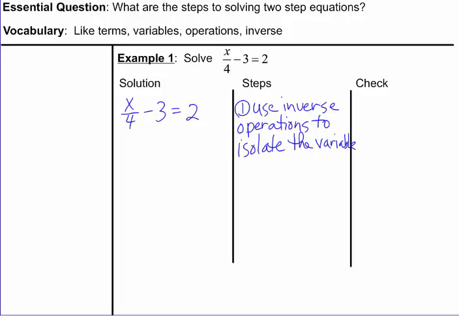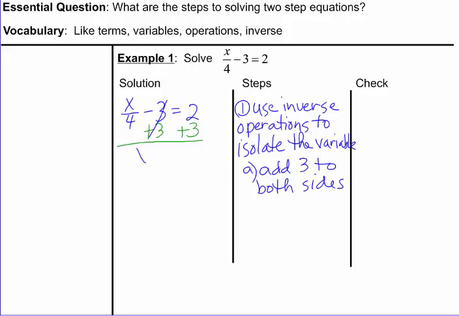So the first inverse operation we are going to do is add 3 to both sides and simplify. Negative 3 and positive 3 cancel, that equals 0. So you have just x over 4 equals, and then 2 plus 3 is 5.